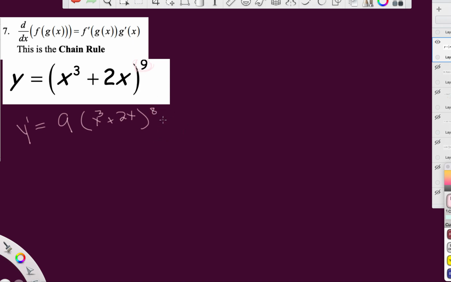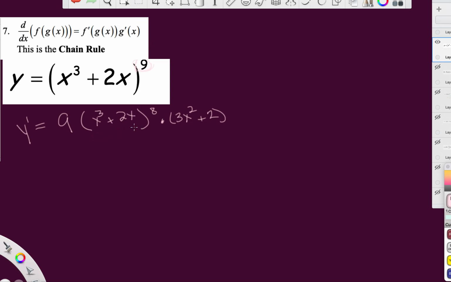Okay? But we're also going to multiply that by the derivative of what's inside. And the derivative of what's inside is 3x squared plus 2. Now, can we clean this up a little bit? Sure. I do not want to see this to the 8th power.